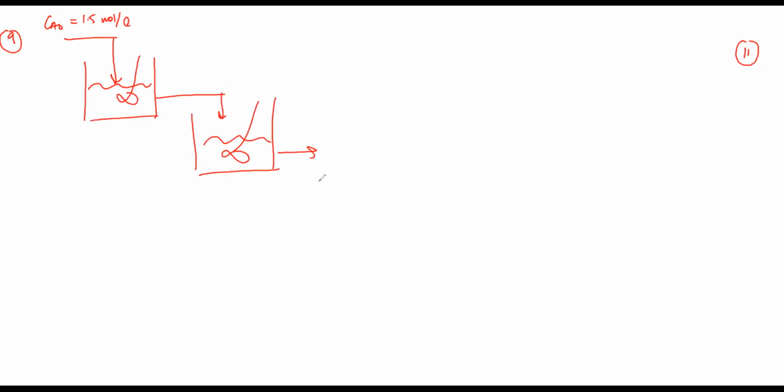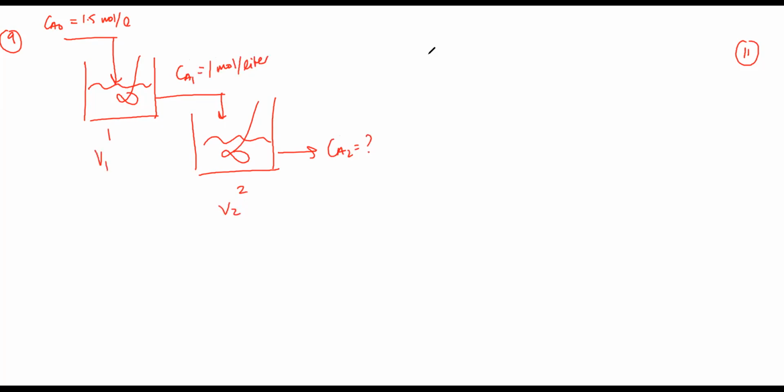I'm going to call the first reactor 1, with volume V1, and this reactor 2, with volume V2. CA1 is 1 mole per liter, and you need to find CA2.